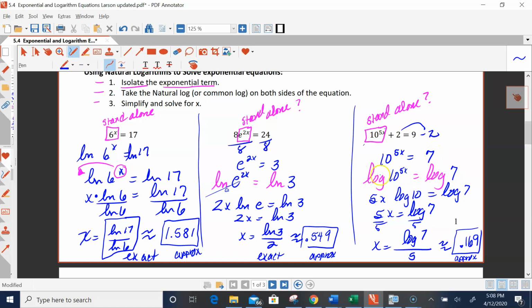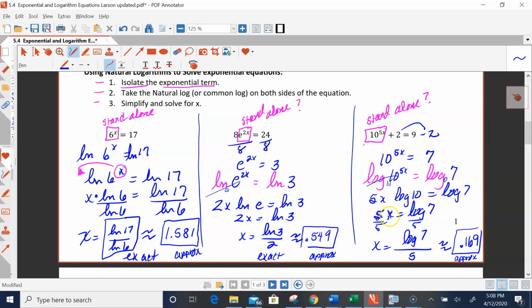And instead of taking the ln of both sides, I chose to take the log because the log is base 10. And when those two bases match up, they cancel out and just give me 5x, because log base 10 of 10 is just 1.